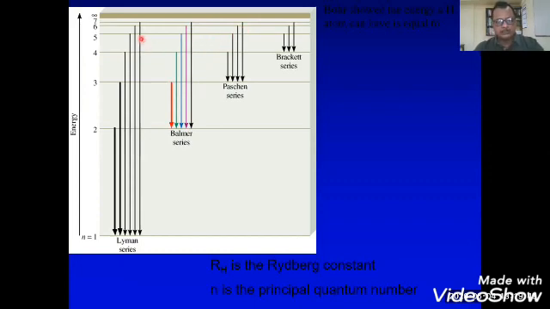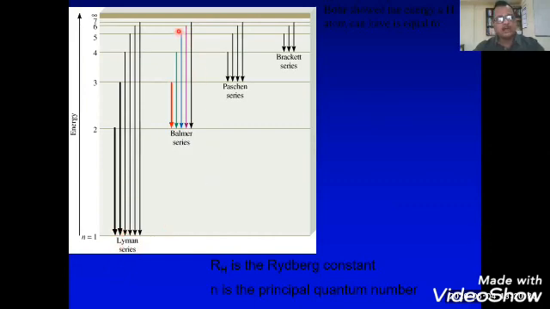In the de-excitation or relaxation process, the electron will drop back to a lower energy level. When the electron drops back from a higher energy level to the first energy level in the relaxation process, you get electromagnetic radiation emitted in the ultraviolet region, and these lines are called the Lyman series because they were studied by Lyman.